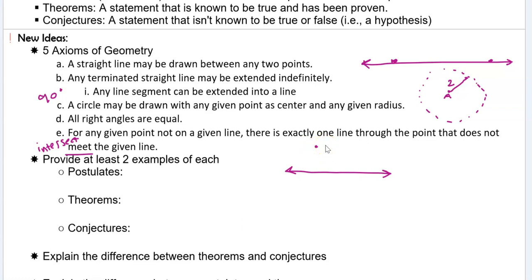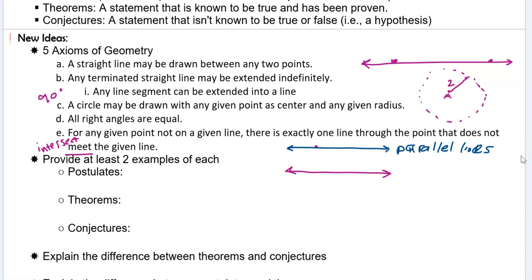So if I draw a line and another point, there is exactly one line through that point that does not intersect the line. Well, how could I draw a line that does not intersect this one? Well, it would look like this. And what did I just draw? I just drew a pair of parallel lines.